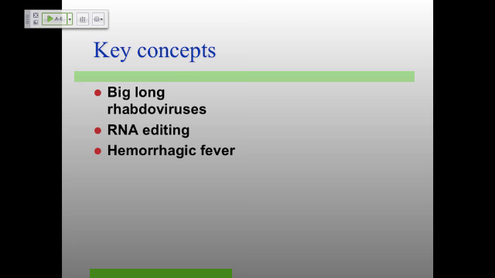RNA editing takes place in these guys, very similarly to what happens in the paramyxos and rhabdos. Same kind of stuttering aspect. And it makes sense because that's what the RDRP is doing anyway in terms of making poly-A tails on all the messenger RNAs. And then, of course, the hemorrhagic fever aspects of things.